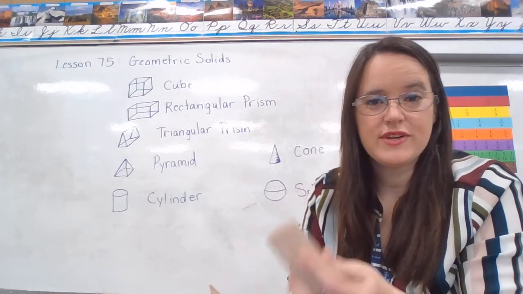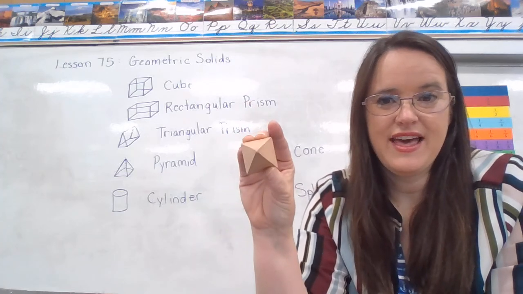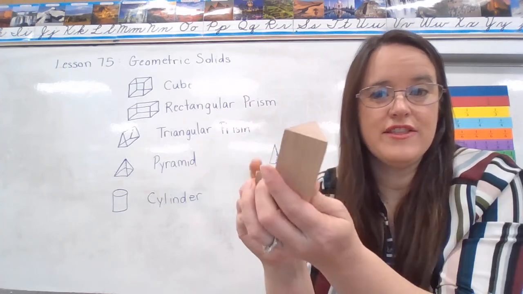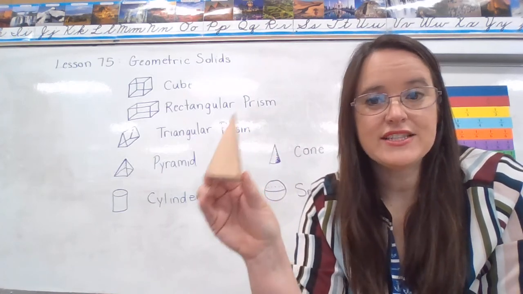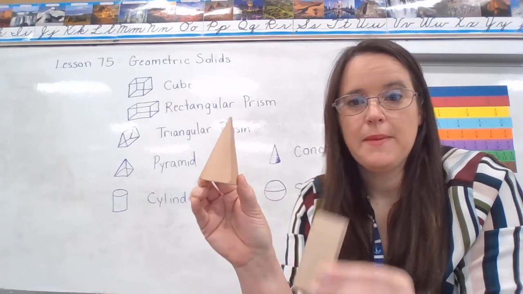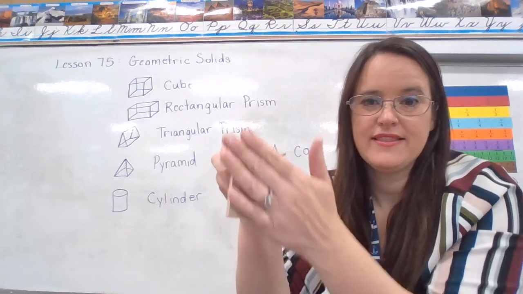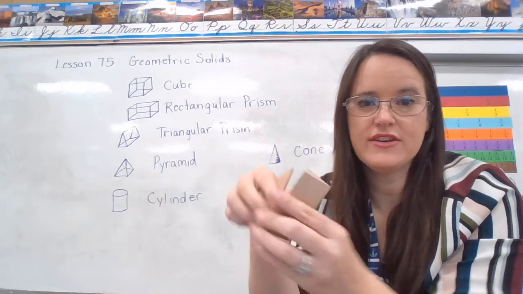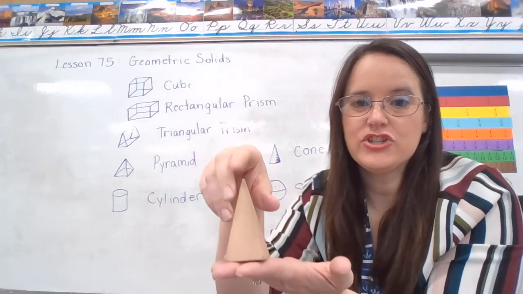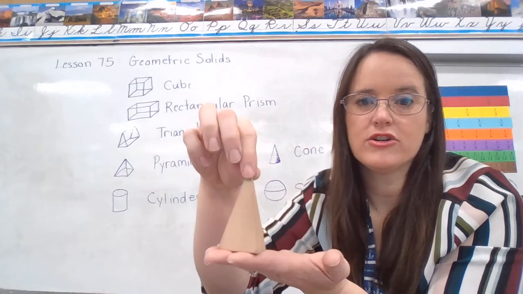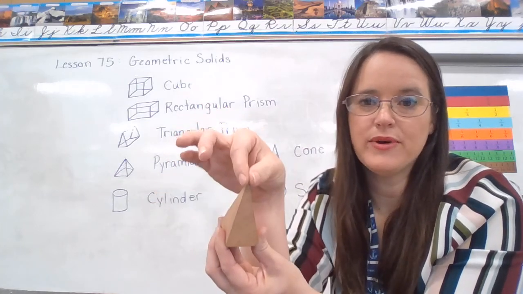What I don't want you to confuse it with is this. Looks like that from the top, looks like that on the base. This is called a pyramid, and it's also made from triangles, but in this case, we have a square base, and each of its 4 sides are triangles that then come to meet at the point on top.